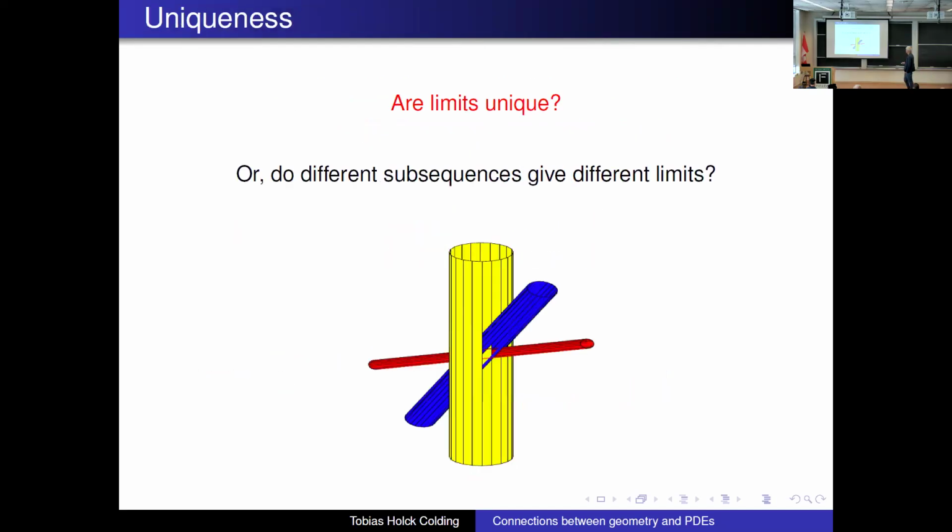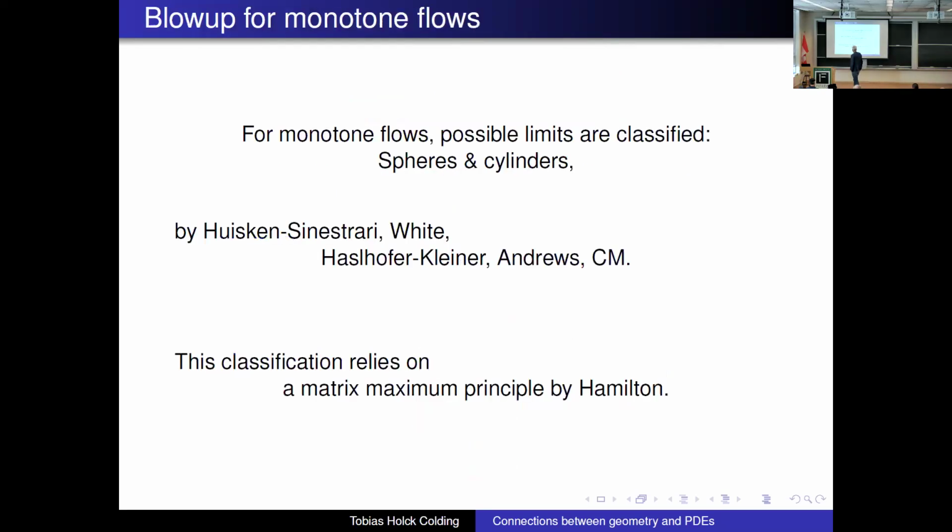Okay, so I had to kind of skip. Maybe I should just say that the level sets here were known already, as you're blowing up, to be spheres or cylinders. The key is now, is it the same cylinder on different scales?